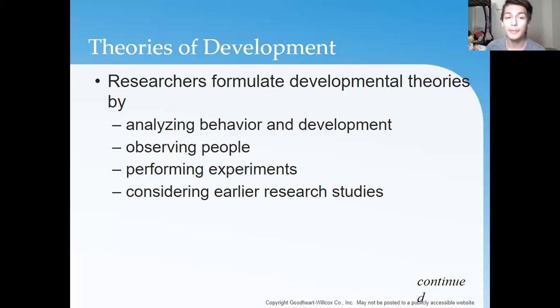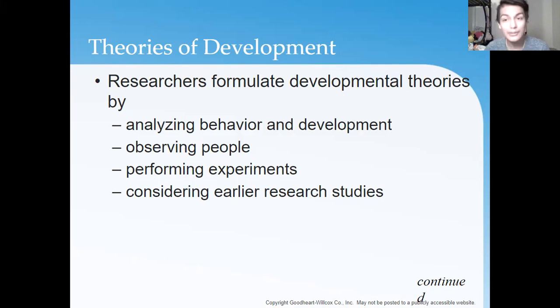So theories of development. This is basically how researchers formulate developmental theories. For starters, they analyze behavior and development. So how do people act, or how does their body change? Observing people, looking at their appearance, how they look physically, and then their cognitive and their social emotional, and then performing experiments.